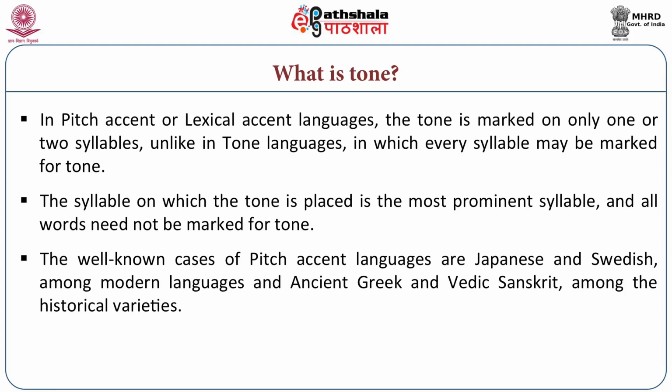In the pitch accent languages, there is only one syllable which has a certain tone. Unlike in tonal languages, where in some languages it is possible to have every syllable with its own tone. But in a pitch accent language, or lexical accent language, there can be only one syllable in a word with a tone. That's one. Secondly, not all the words need to have tone.